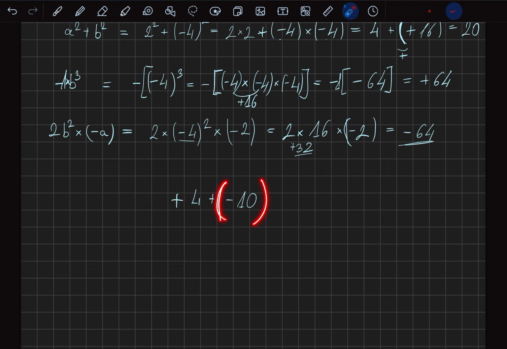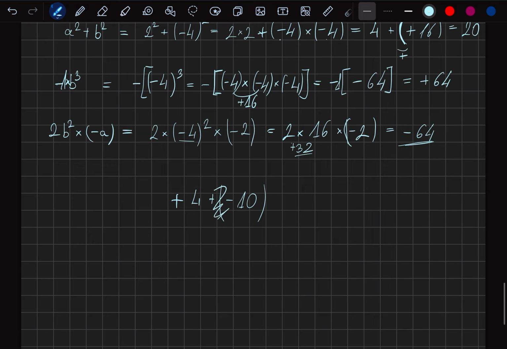First, every time convert the bracket, okay, into a plus or minus sign, just one. Okay, so 4 plus minus, it's minus 10. If I say plus minus, they are next to each other. If I say plus times minus or plus times minus, then I multiply them, okay, or divide.